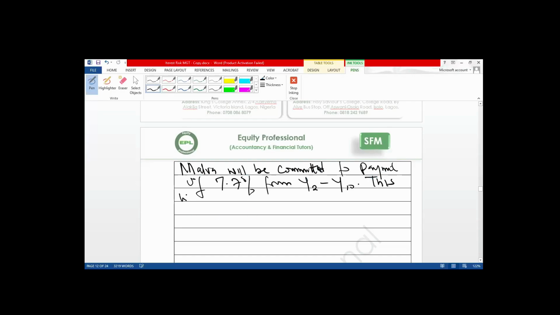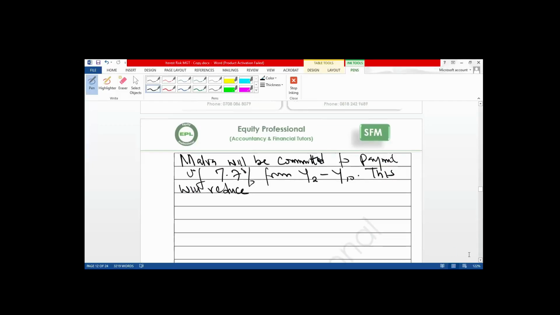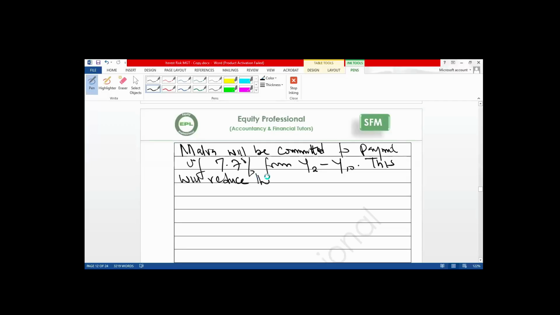This will reduce the benefits of the interest rate swap.